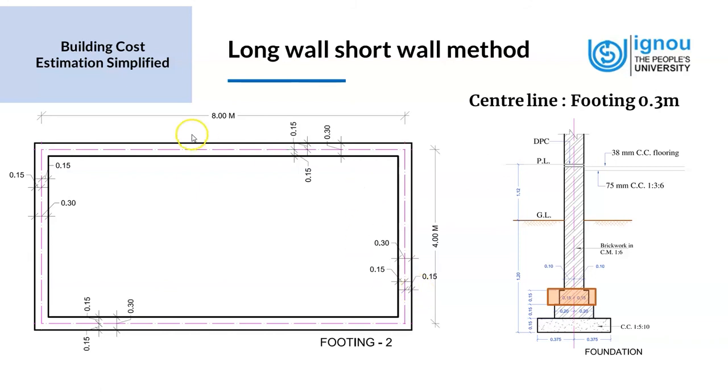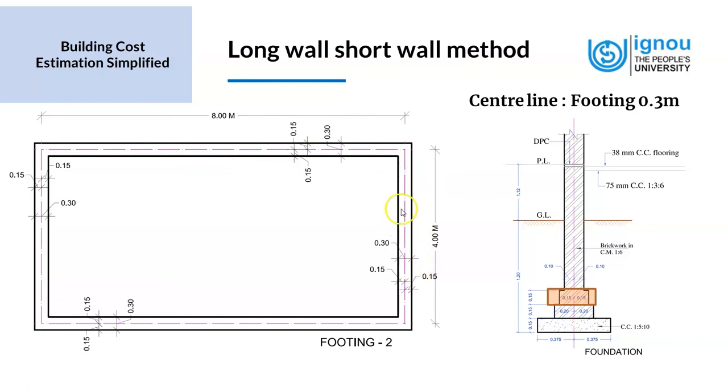Now we have to find the long wall of this particular footing in the case of the item brickwork. Again, we take the center line measurement of the long wall, which is 8 meters, plus half the width of that footing, which is 0.15, and the other side also we add 0.15, which will be 8 plus 0.15 plus 0.15, which is 8.3.